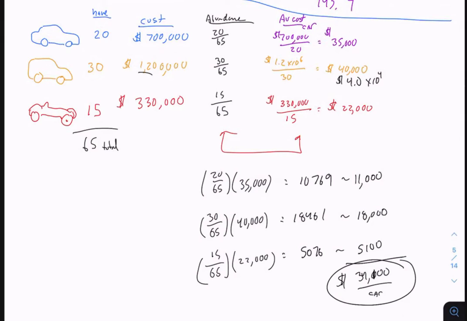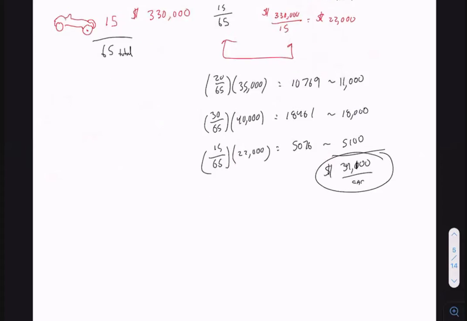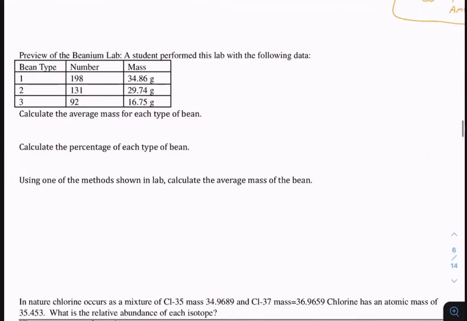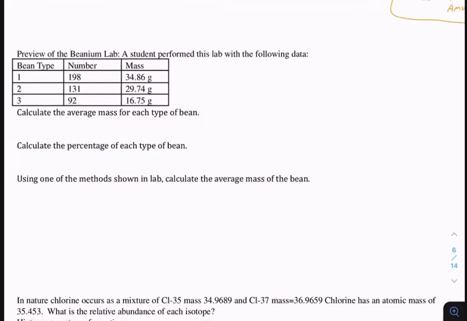Now, let's do another example closer to what we're going to be doing in the lab, and that's the one actually in the notes. So right down here, where it says preview of Beanium Lab. All right, so we've got 3 varieties of beans.